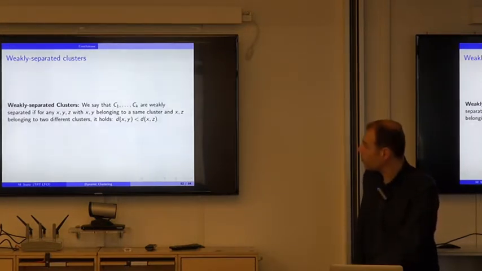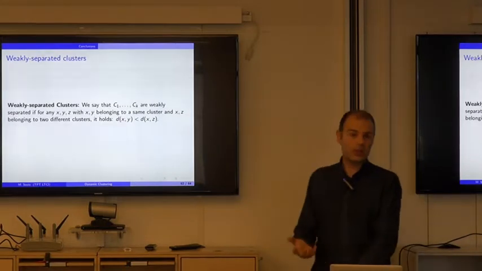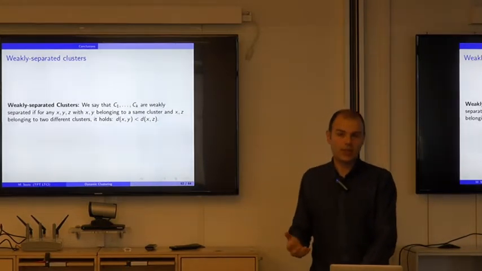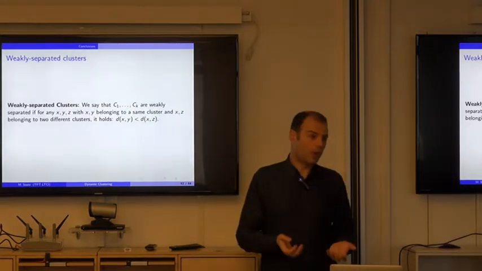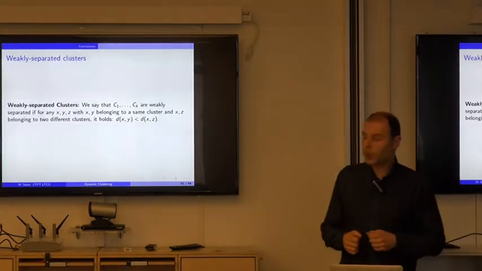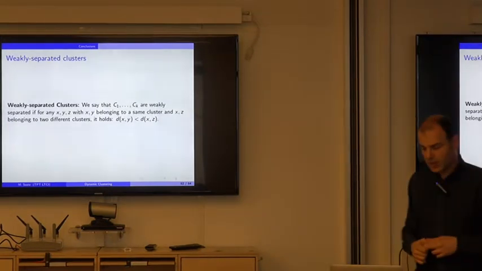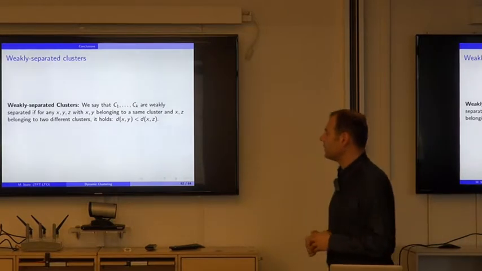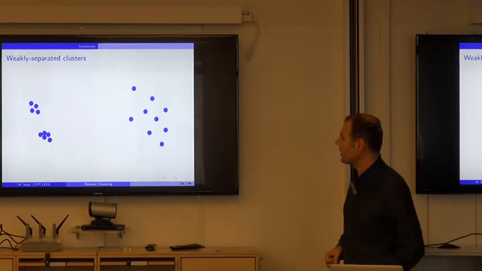Maybe just to give you an idea of what we are working on. Before, I mentioned these well-separated clusters. We want to see whether we can deal with clusters with weaker properties, for example, weakly separated clusters. Maybe again, the picture is self-explanatory.